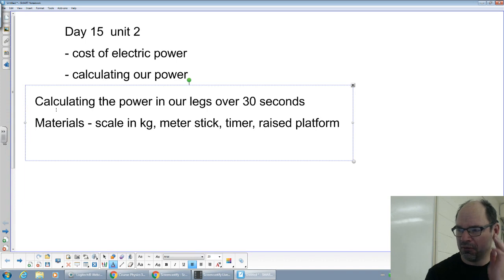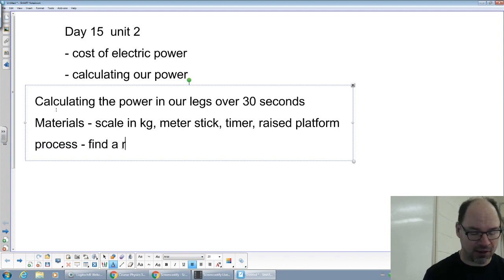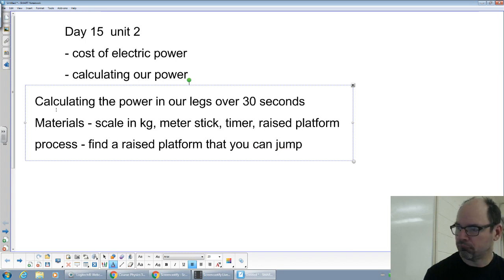Okay, so our process is to find a raised platform. It's something that's pretty stable that you can jump up on and back down. The other way you can do this is to use a skipping rope, and just jump over the skipping rope and keep jumping over it.